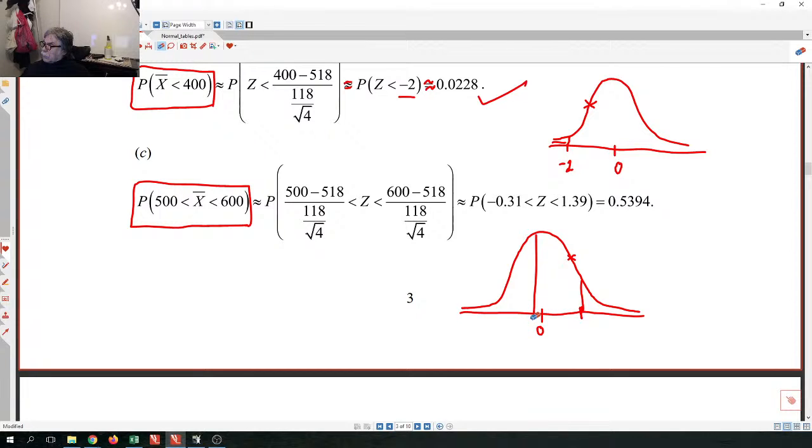Okay, so this is it. You're looking for the area of this strip. 1.39 is one end, and the other end is negative 0.31.